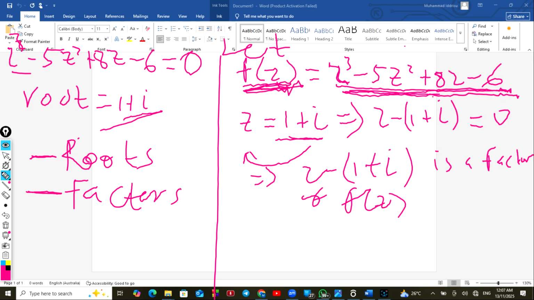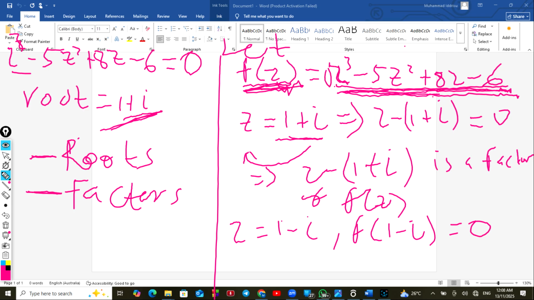The factor. If we have a factor of a complex number, its conjugate is also what? Sorry, the root of a complex number. So the root 1 plus i, its conjugate is also a root. So z equal to the conjugate of 1 plus i, which is 1 minus i, is also a root. That means f of 1 minus i is also equal to 0, because all the coefficients are what?